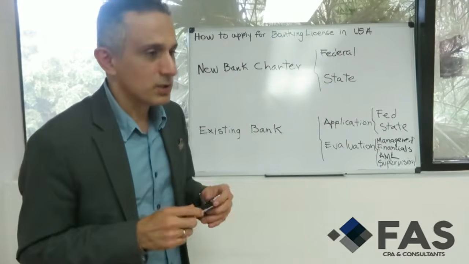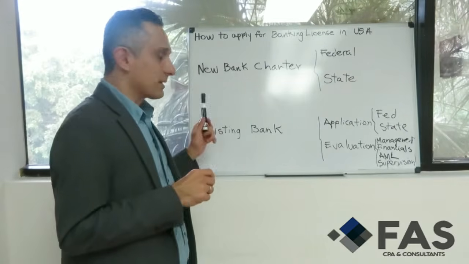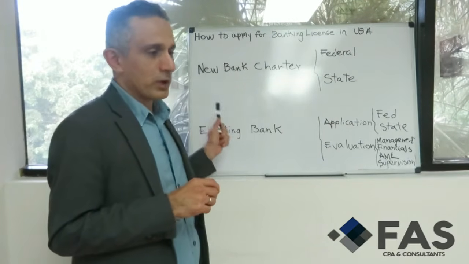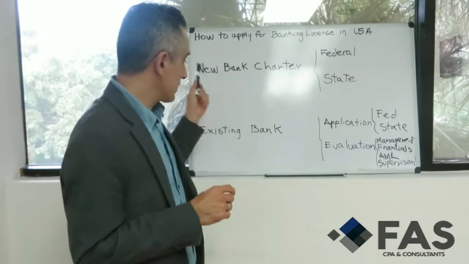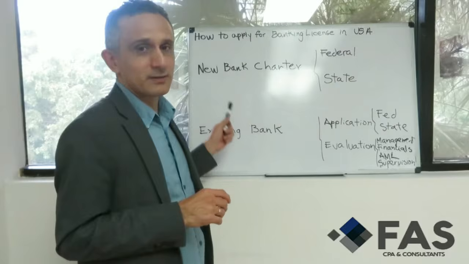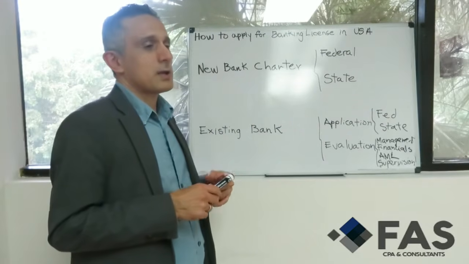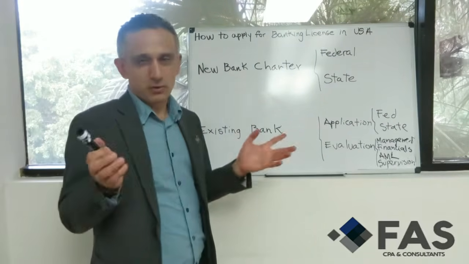Now, for an existing bank, if you want to come to the US and you don't want to go through the new charter, but you want to apply to buy an existing bank, things are a little more difficult.